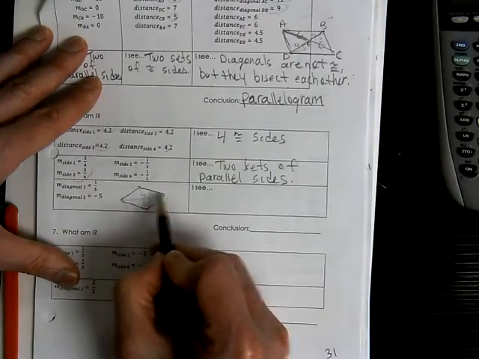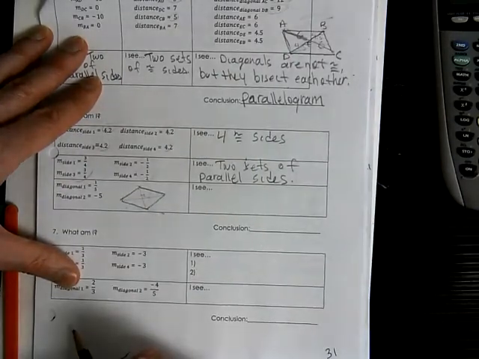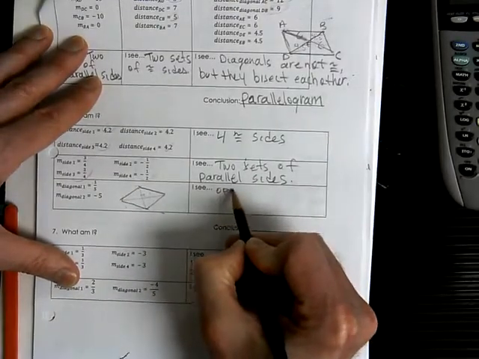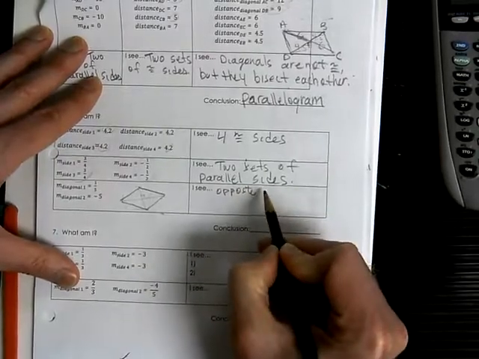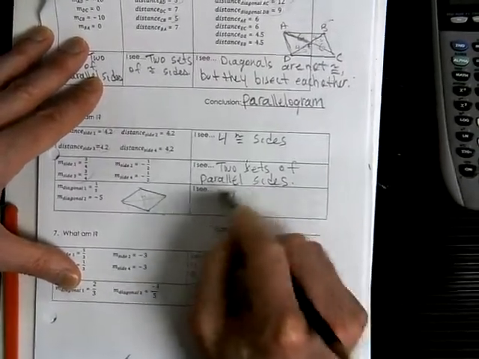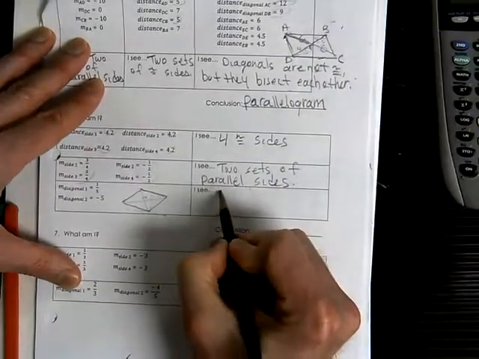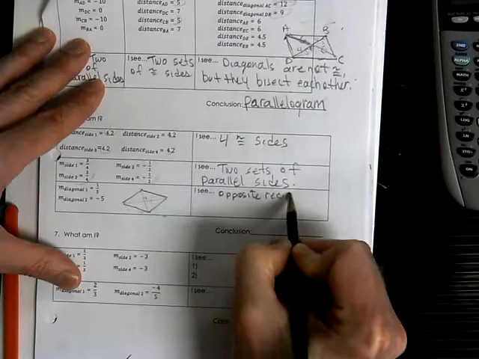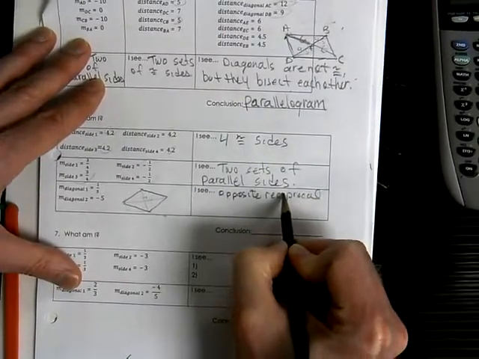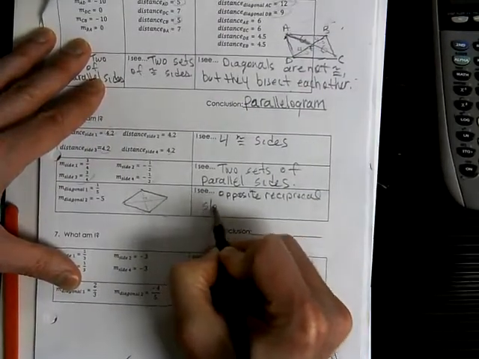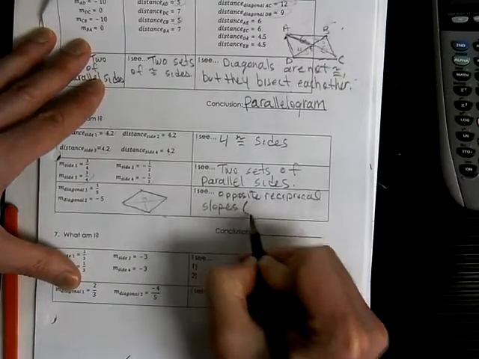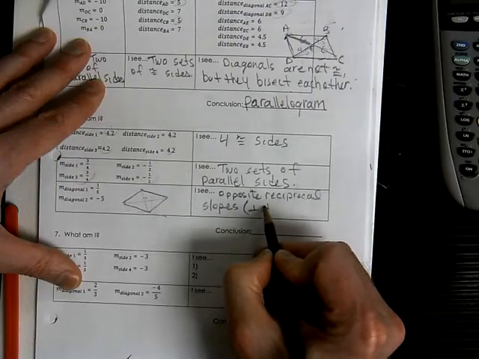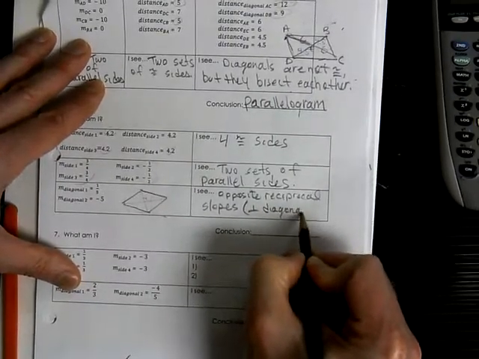We're at an up and over and a down and... So we see opposite reciprocal slopes, which are perpendicular diagonals.